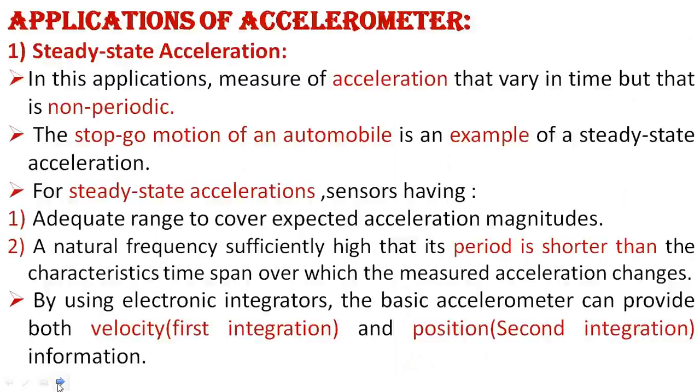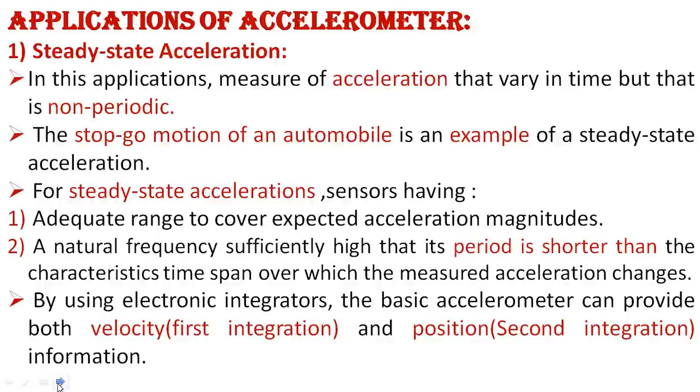Now next one is the application of accelerometers. First one is steady state acceleration. This application measures acceleration that varies in time but is non-periodic. The stop-go motion of an automobile is an example of steady state acceleration.